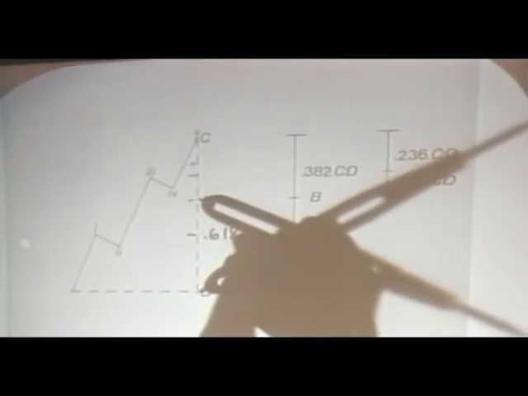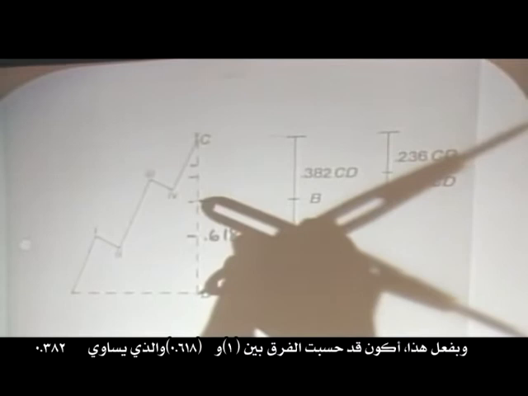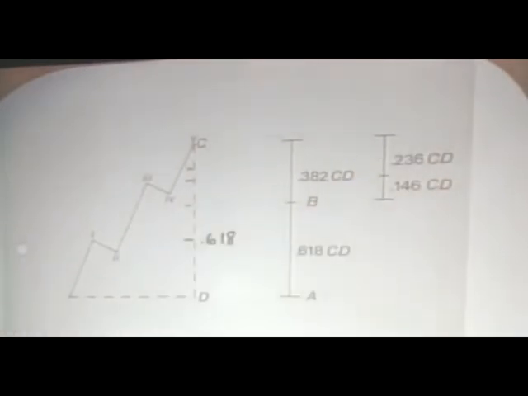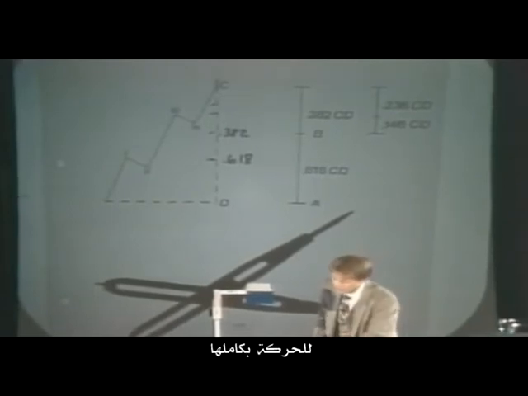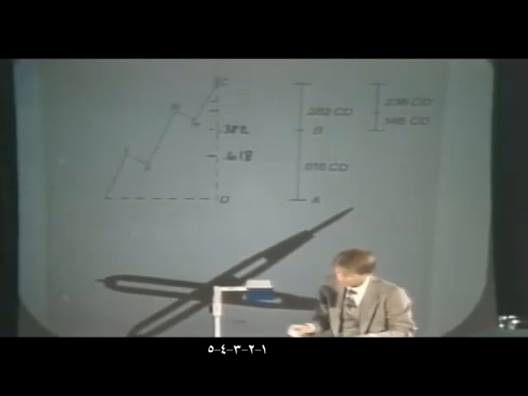What I did next was measure up from the bottom of the move without adjusting anything at all on the compass, leaving it fixed with the narrow end, and in doing so, I'm subtracting the difference between 1 and 0.618, which is 0.382. Therefore, that mark is a 38% retracement of the entire move. 1, 2, 3, 4, 5.